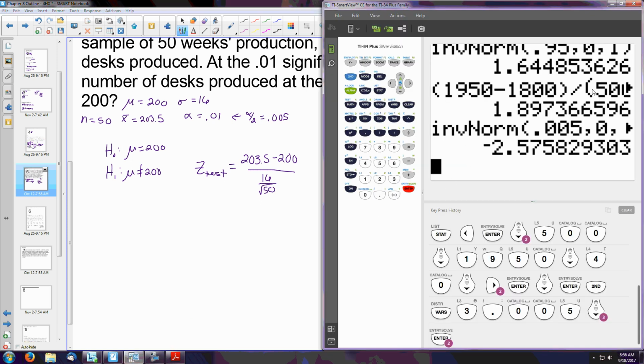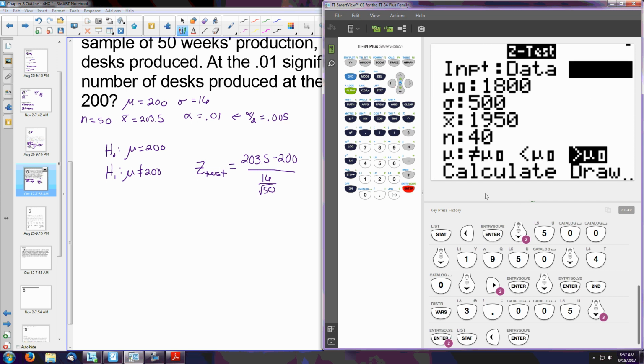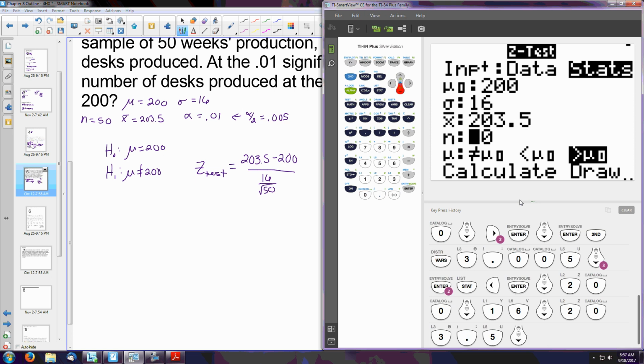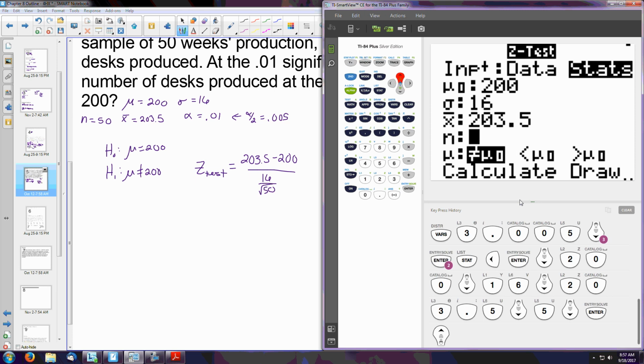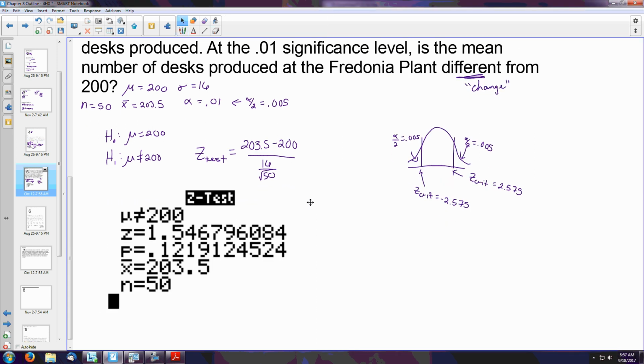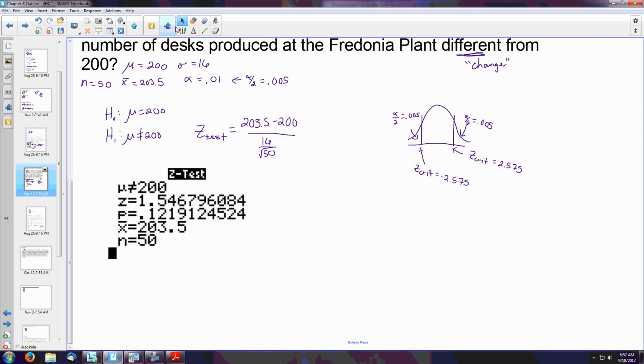Again, the choice is yours if you want to type this in, or you can use your test function, still a z-test here. And this time we are testing this as a two-tailed test. So this time we found that we had a z-test statistic of about 1.547.